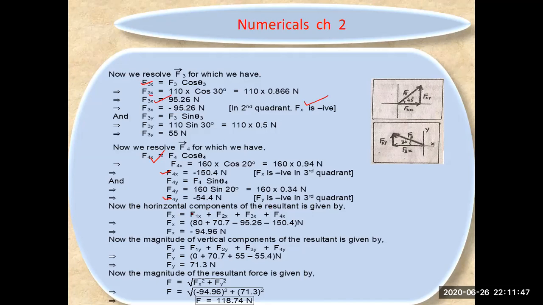So you are adding all x components of the force, F1x, F2x, F3x, and F4x. You have added, and you got Fx. Similarly, you are adding all y components of the forces which you have calculated, and you got the y component. And here it is Fx and here is Fy.